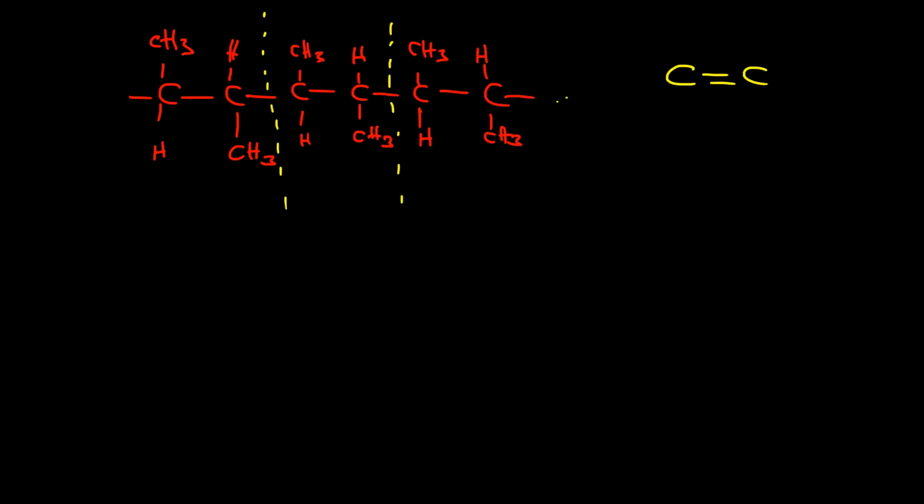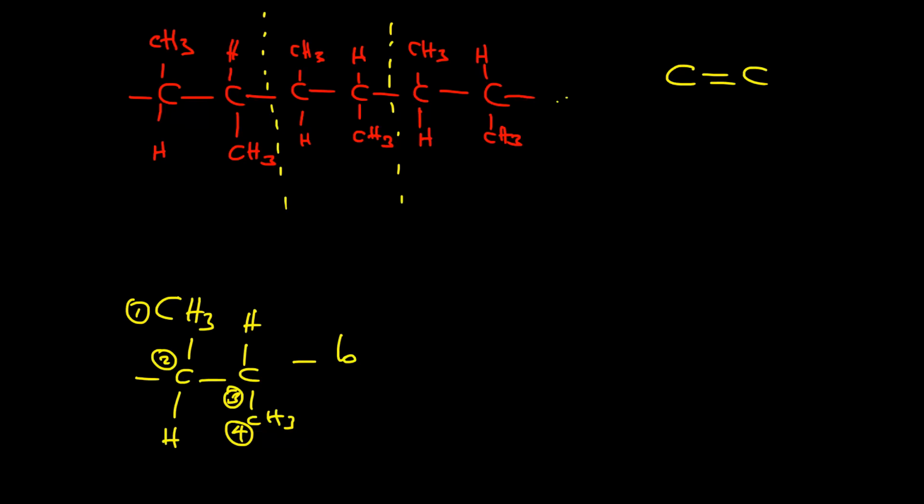When you cut one of the pieces here, which is CH3, carbon, then carbon, again CH3, you count the number of carbons. How many are they? 1, 2, 3, 4. So this was butene. The subunit was butene.